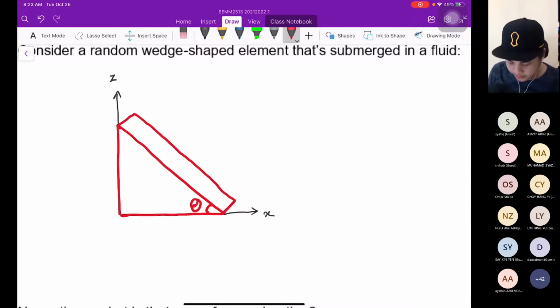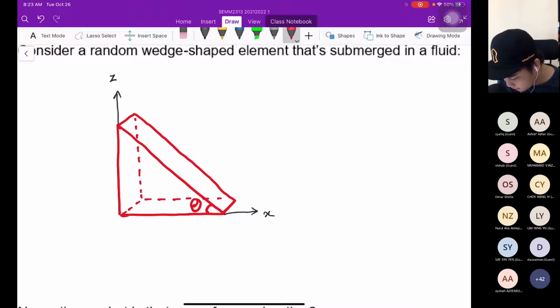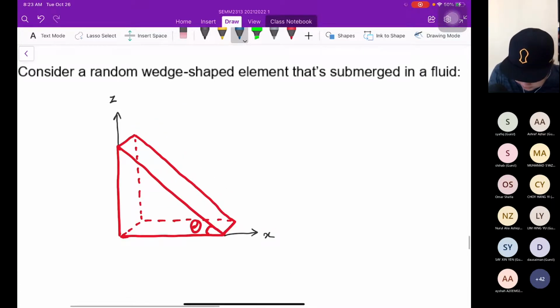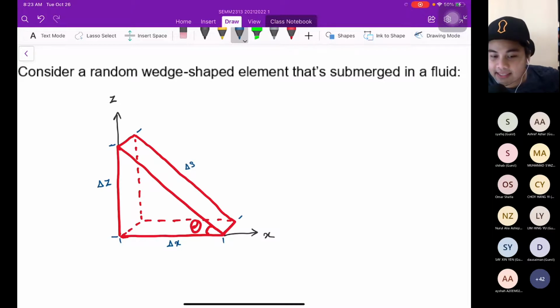Okay. And then we have this one behind it. It's hard to see, but I hope you can imagine. Let's say we need to specify the distance from here to here, let's say this is delta Z. The distance from here to here, delta X. The distance from here to here is delta S. That means slanting, alright?